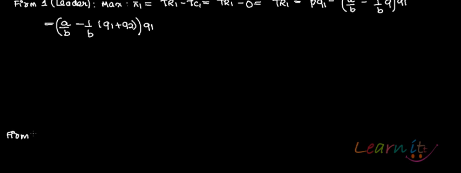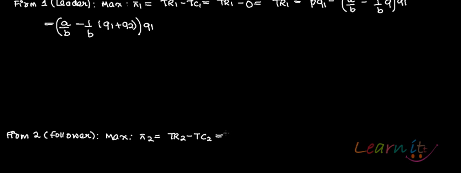So instead of that, we start by finding the equilibrium quantity for firm 2. Firm 2 is the follower. It also tries to maximize its profits, which are TR2 minus TC2.